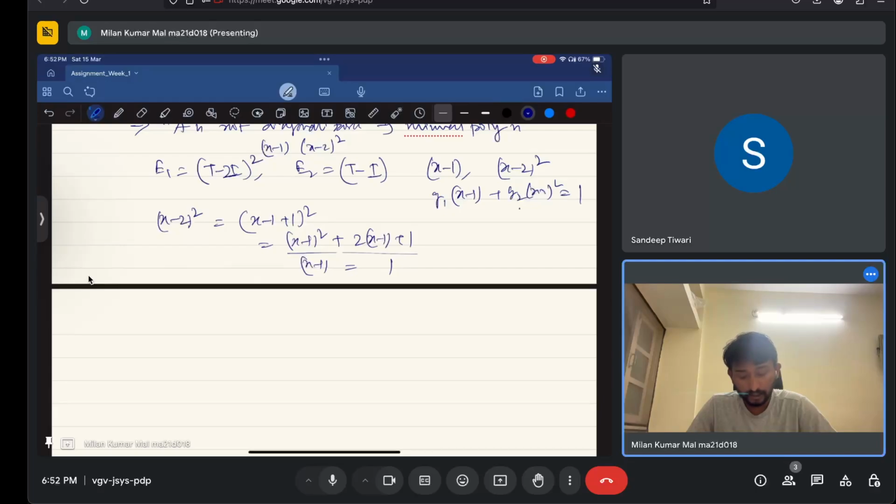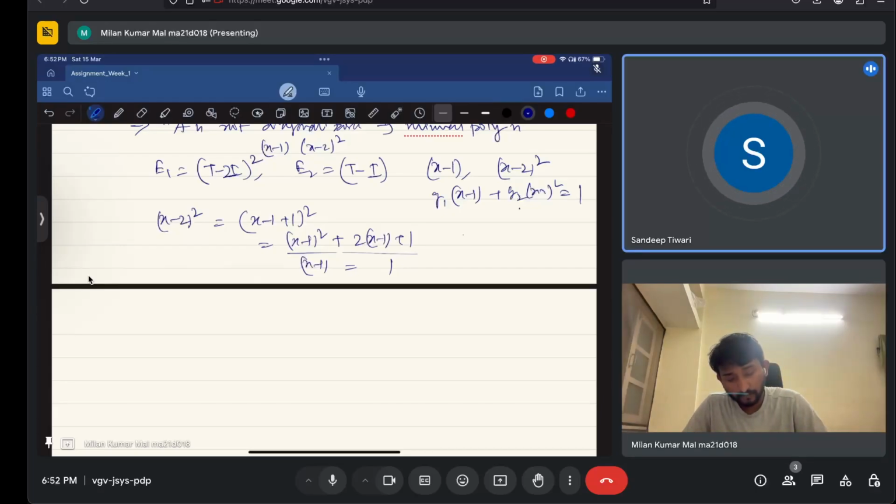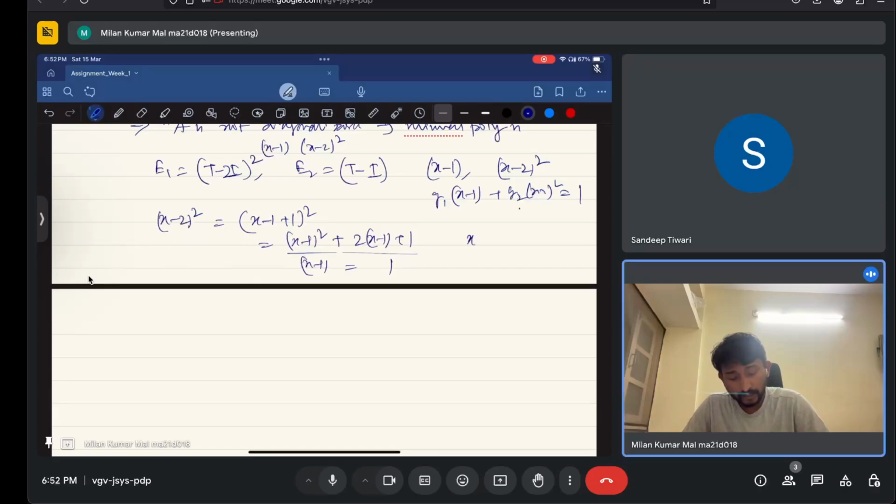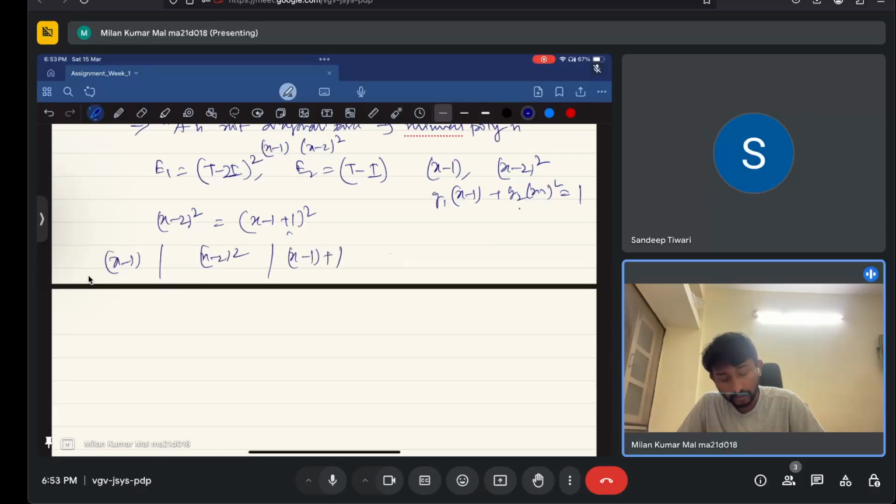So after that, what do we have to do? Minus 3x plus 4 minus 3x. What is the quotient? Basically, if we divide x minus 2 square by x minus 1, it will be x minus 1 plus 1. This is the quotient.